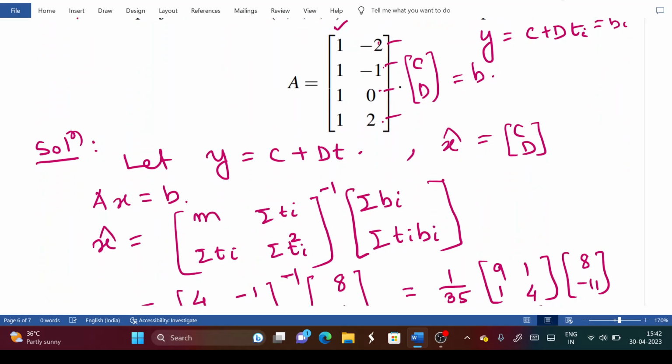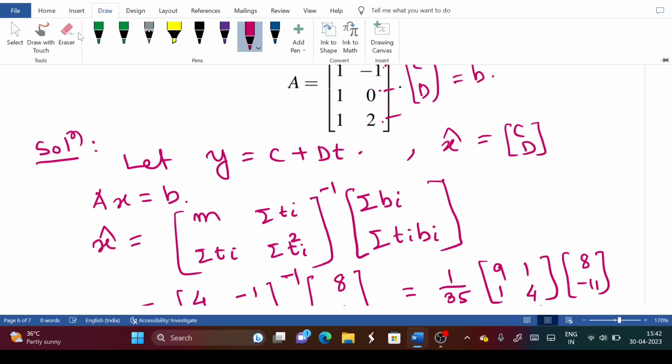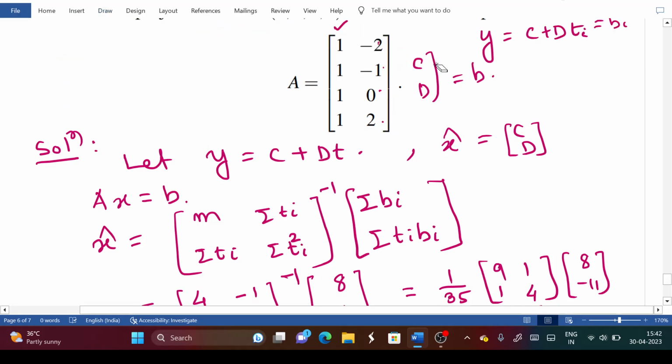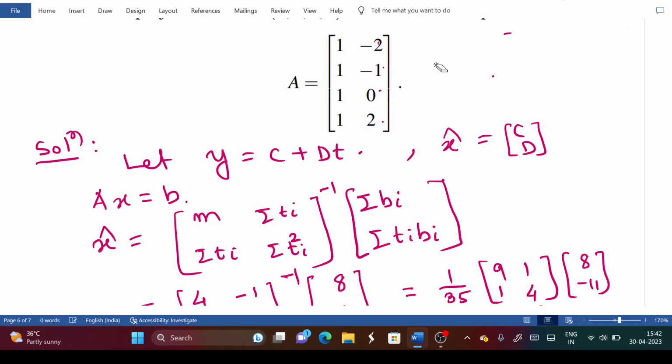As we know, the formula for fitting a straight line is already known to us, so we need not worry about the intermediate steps. We can directly apply the formula. This formula is with us when we are interested in fitting a straight line to given data.